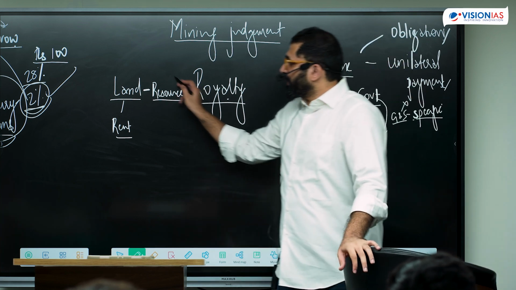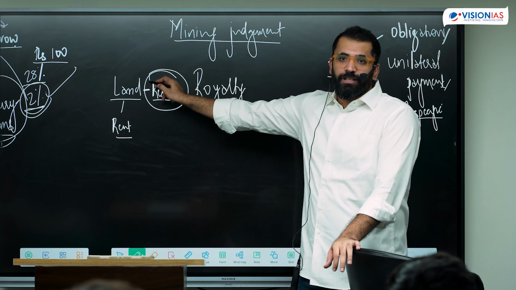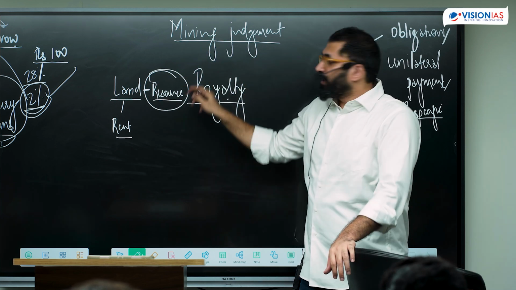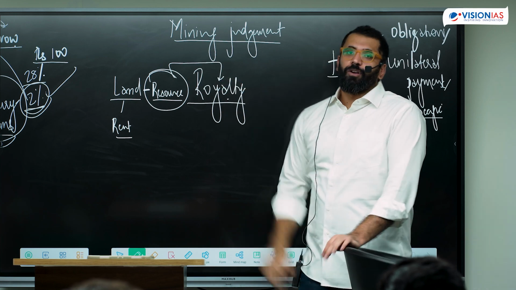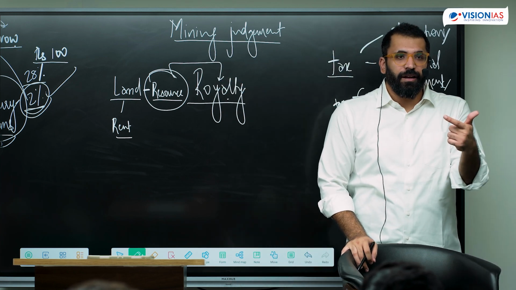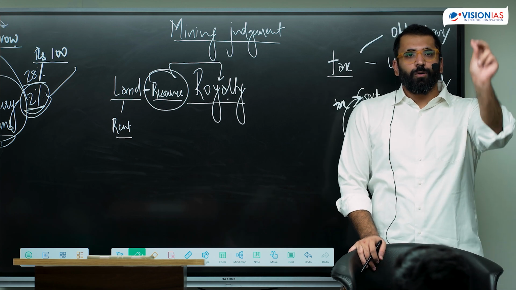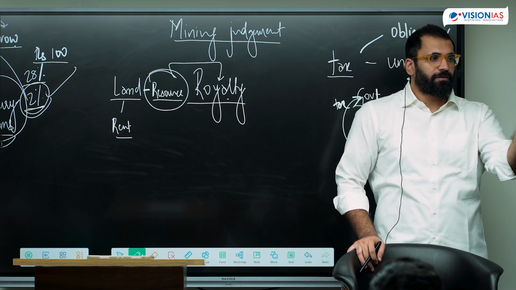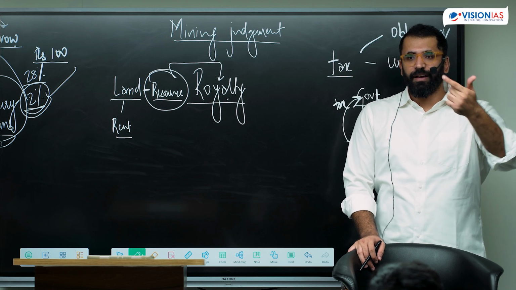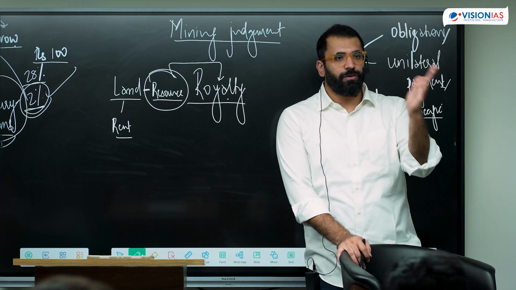Now, when the government gives this exclusive use over the resource to any private party or even a government-owned PSU, they will earn a royalty. So royalty is mostly a contractual obligation. Someone gave you an exclusive use over the product. This is how, even in intellectual property rights, someone is holding a patent, someone is holding a copyright.